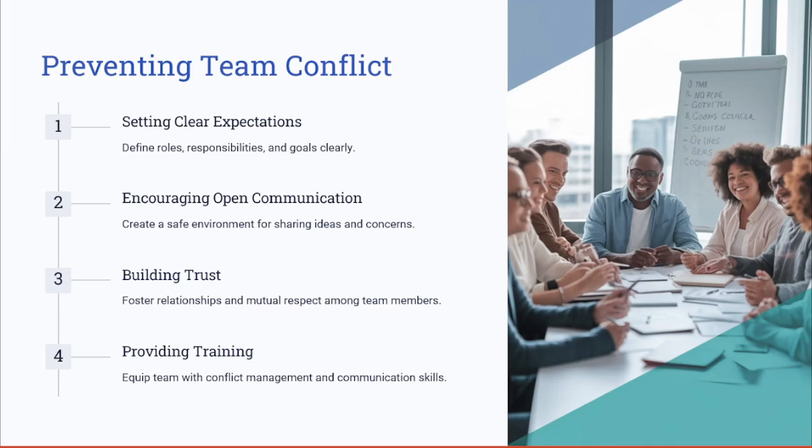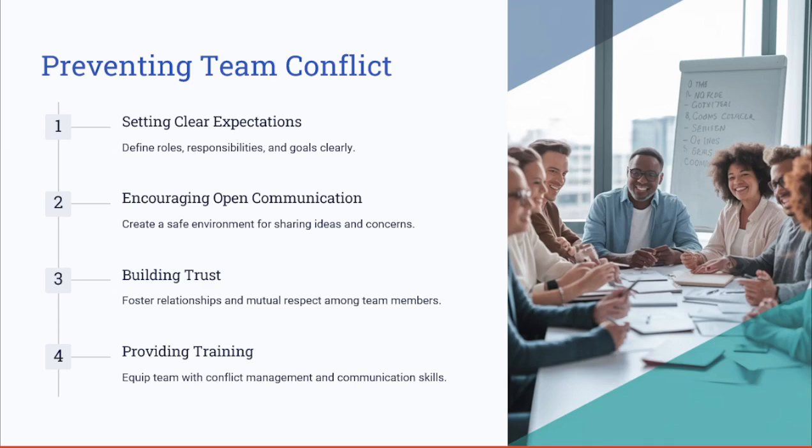How to prevent a team conflict? Preventing conflict is often more effective than resolving it. Strategies such as setting clear expectations, where all of the team has clarity on what the project goals are delivering.